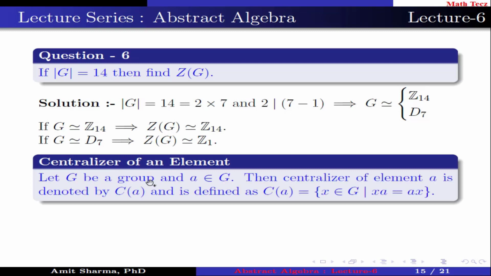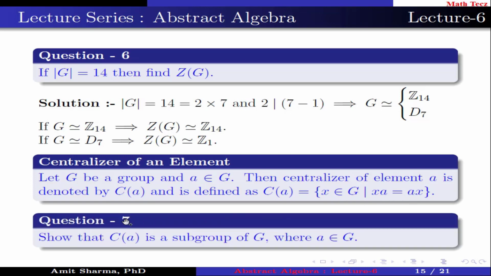Let G be a group and a belongs to G. Then the centralizer of element a is denoted by C(a) and is defined as C(a) containing the elements x belonging to G such that xa equals ax. Question number 7.